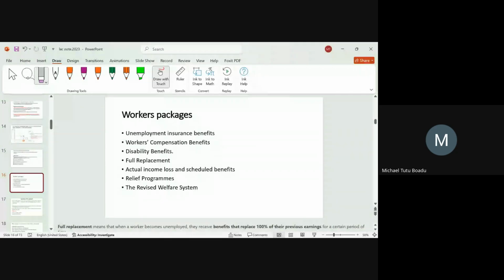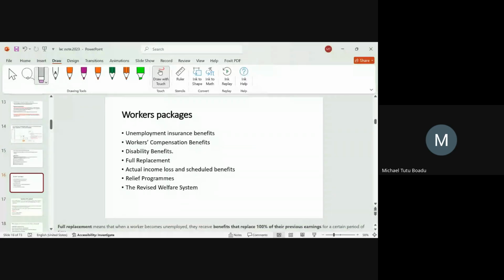So you've been laid off, but you are still receiving your full salary. This is called full replacement, and it is not very common in our part here, unless maybe you are a very hardworking person in that organization, an asset, and due to your work, you get injured or became disabled, or your work damaged a certain part of you, so that you cannot work, then maybe the organization can have that kind of package for you.